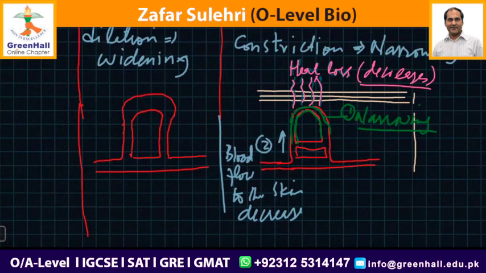So this is widening here, vasodilation. So as a consequence, what will happen to the blood flow?